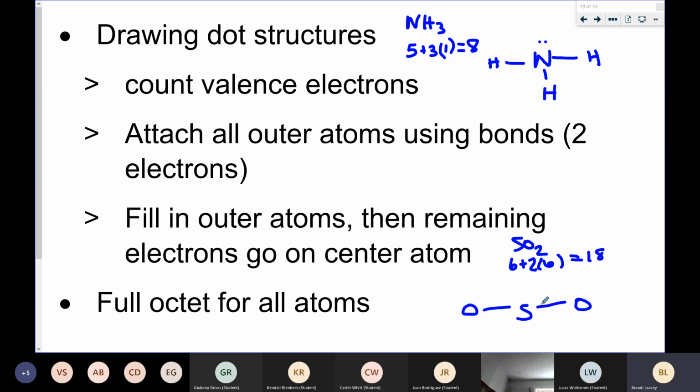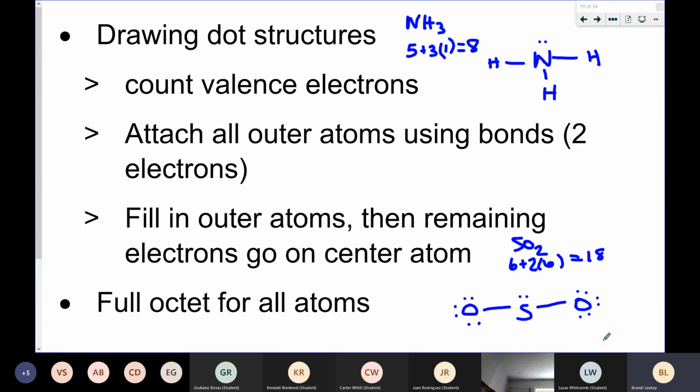That was 4 that we've used. That's 5, 6, 7, 8, 9, 10. The other oxygen needs the same thing because it has the same number of electrons. So that was 10, 11, 12, 13, 14, 15, 16. So both of our outer atoms are full, but we have 2 electrons left. So any leftovers get dumped on the middle.